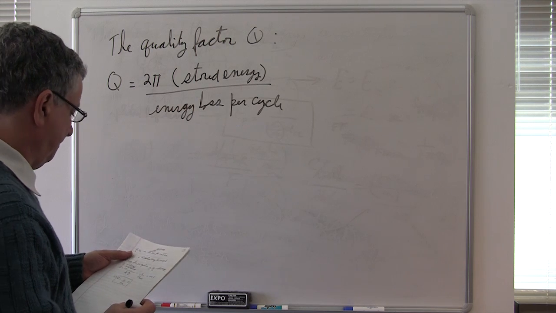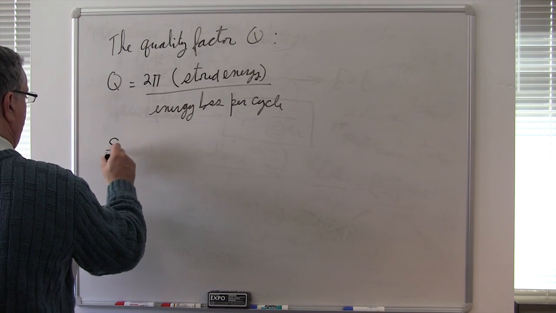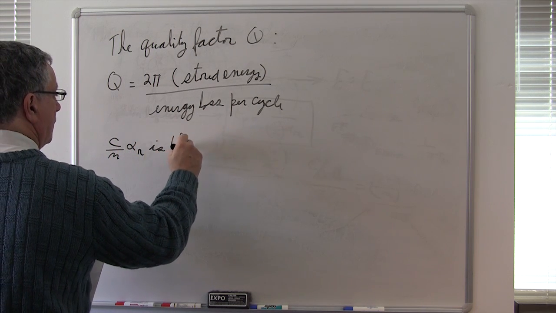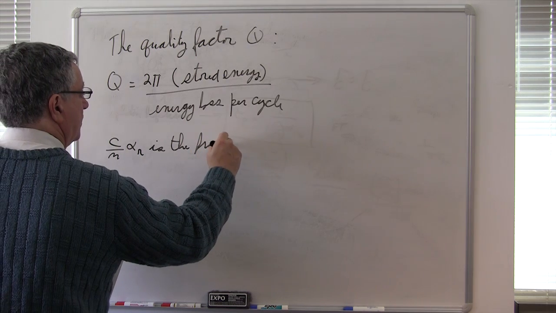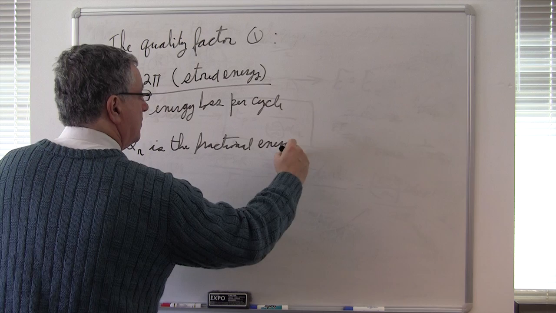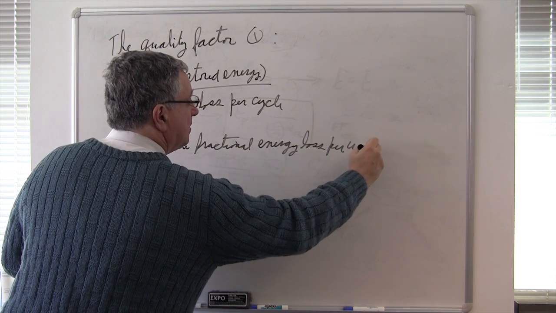So now C over N alpha R is the fractional energy loss per unit time. That's what we have just seen.